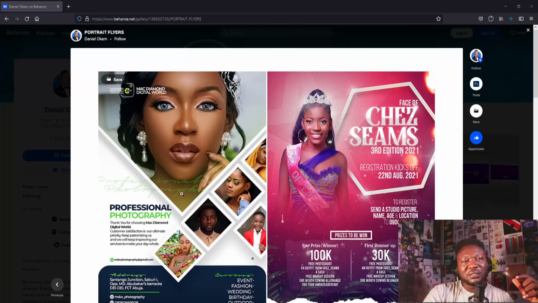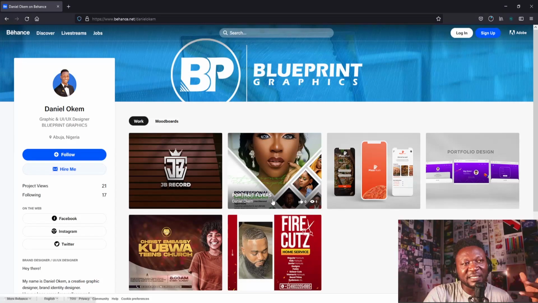Even if whoever is checking your portfolio understands the colors, you still need to let them understand why you used the color, because working that way will make them know you truly understand the use of color, the playing with different layouts, the use of design elements. All right. So please, each of your designs should have the story of why it exists.